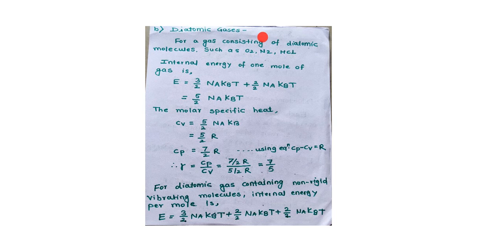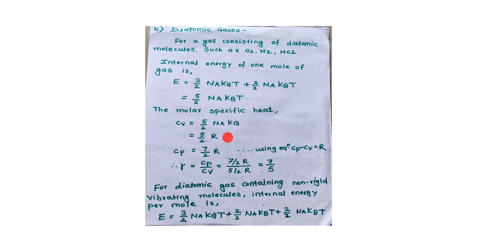For this, the internal energy of 1 mole of gas is E equals 3/2 NakBT plus 2/2 NakBT. By solving this equation, E equals 5/2 NakBT. The molar specific heat Cv is 5/2 NakB, and you know that NakB is R, so Cv equals 5/2 R.